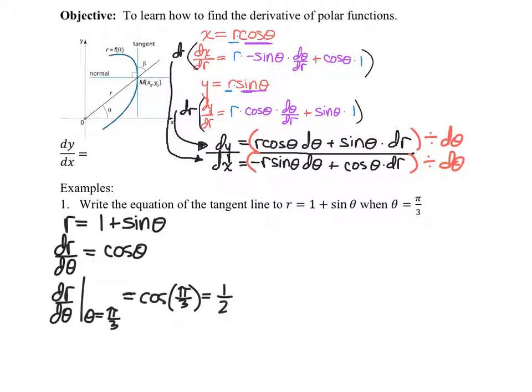So instead of trying to manipulate my dr d theta to make it fit the formula, why not manipulate the formula so that it fits the information that you have? Because the reality is, you're more often going to be given a situation when you have r equals something, not necessarily 1 plus sine theta, and when you take the derivative, you're going to come up with a dr d theta. So why not take your rule and adjust it so that it fits that information?